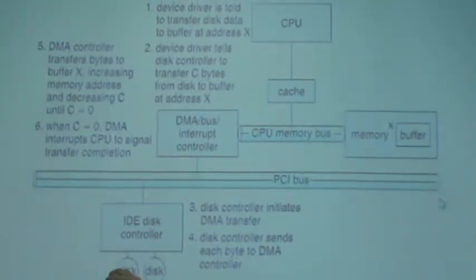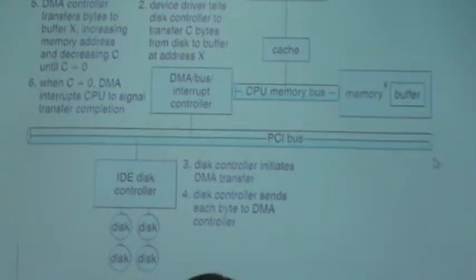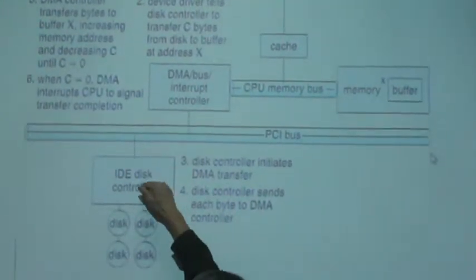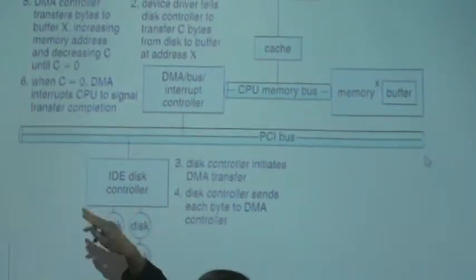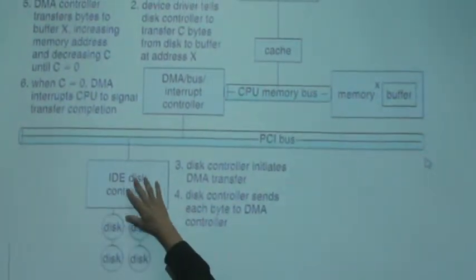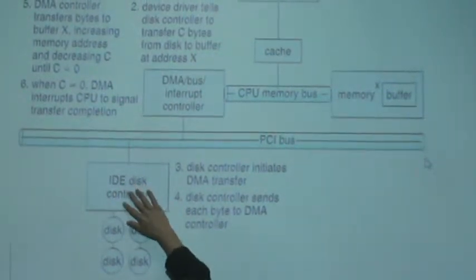This controller is in charge of seeking and reading the data using the sector number, cylinder number, and track number, which we already discussed in the previous chapter.